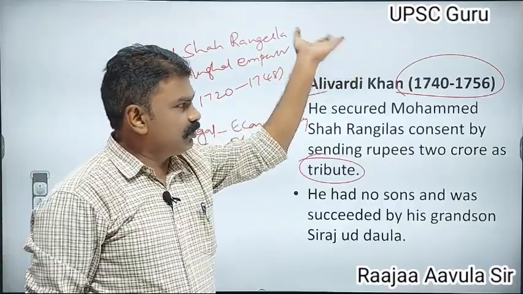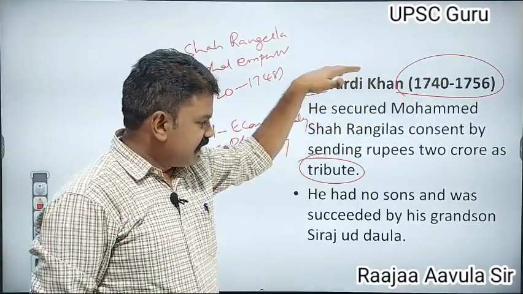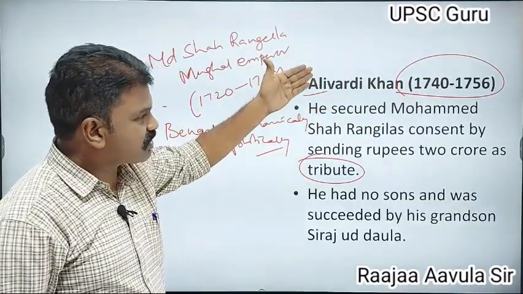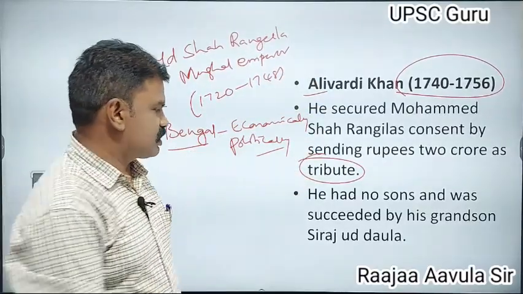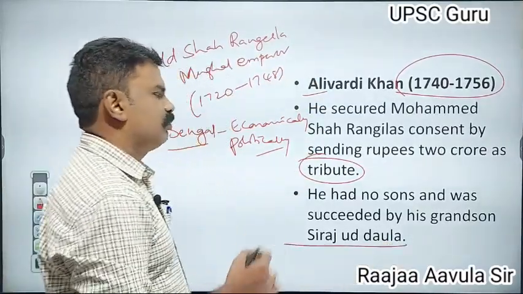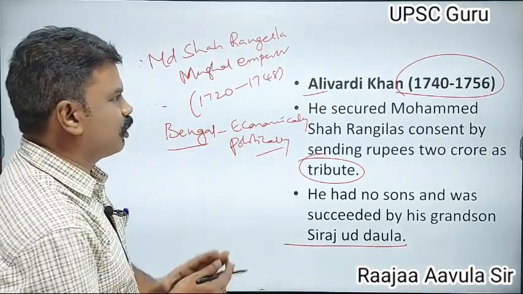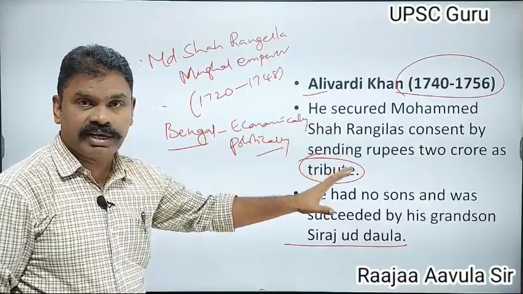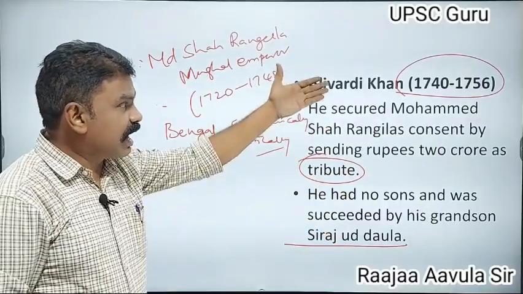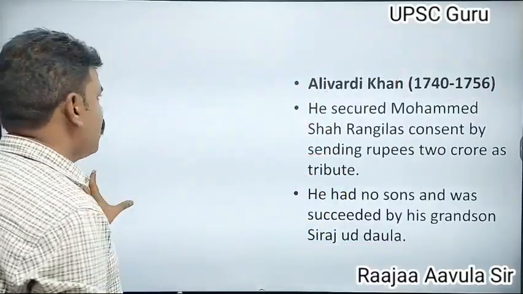Whenever he died, his daughter's son, that means grandson, Siraj-ud-Dawla, became Nawab of Bengal. Siraj-ud-Dawla was not the son of Alivardi Khan. Remember, Siraj-ud-Dawla was the daughter's son of Alivardi Khan.